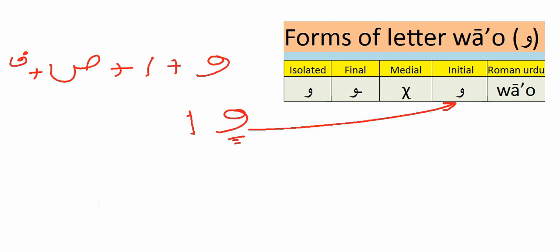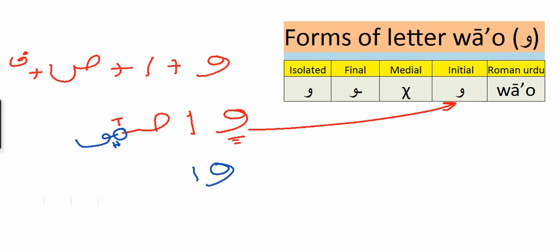Alif we cannot connect with other letters, or other letters also we cannot connect with alif, so alif is separate like waw. And now I will write initial sad. The tail of sad I will attach with the head of fe. So here I will write fe, the head of fe connecting to the tail of sad at this point. So this word becomes Wasif.